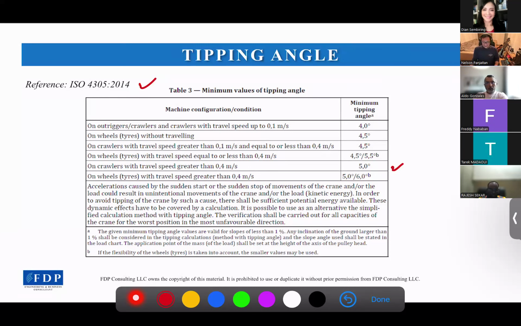But if it's only slewing or rotating, then you can choose a minimum tipping angle of 4 degrees. Even though it is mentioned that its travel speed is up to 0.1 meter per second, it's very small, so we can assume there is no crane movement there.